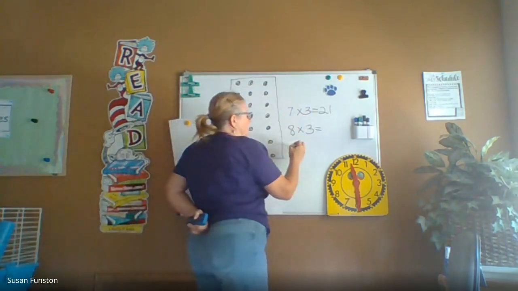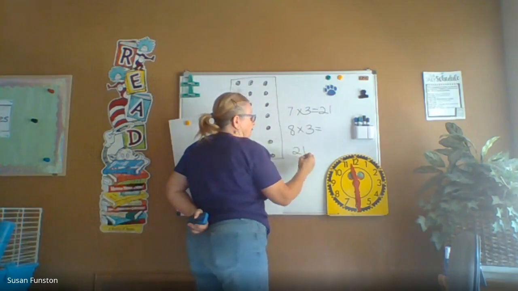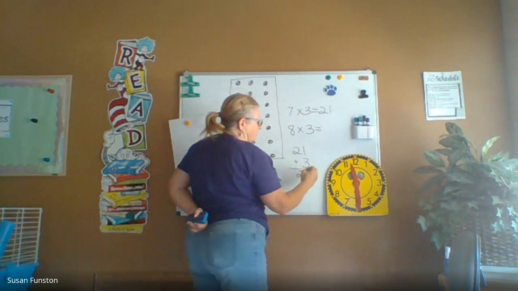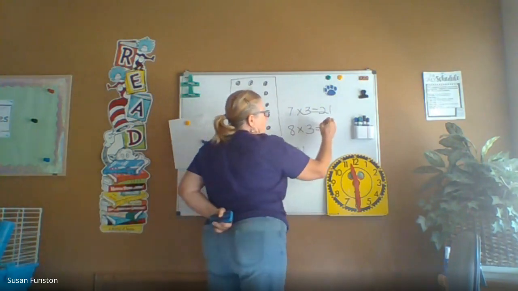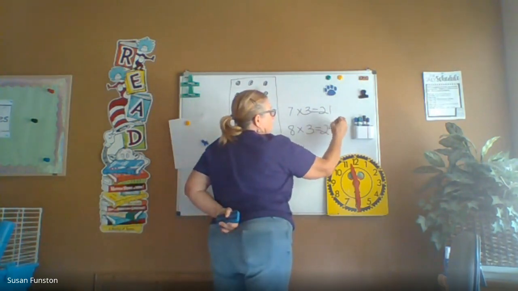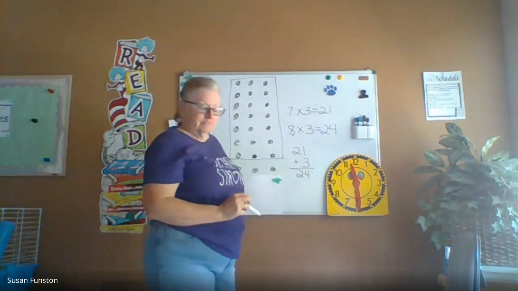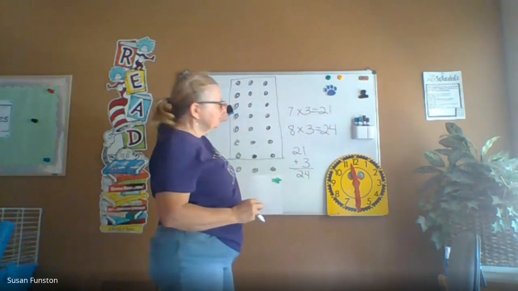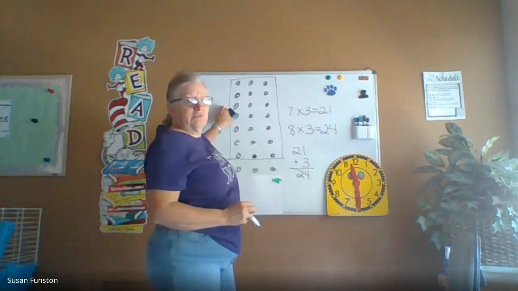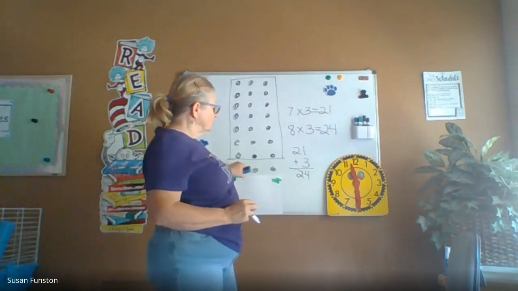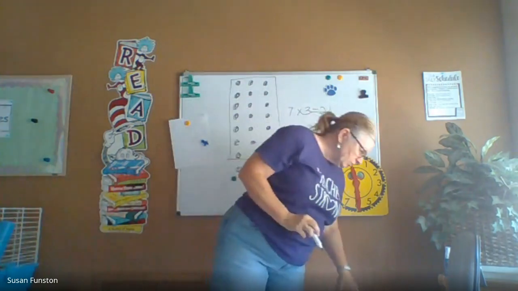So I have 21, and I'm going to add one more group of 3, so that 8 times 3 is 24. That makes sense? So I already knew that 7 times 3 was 21. I figured that out before. I just wanted to add one more row.